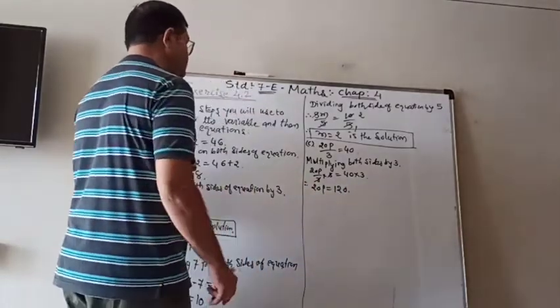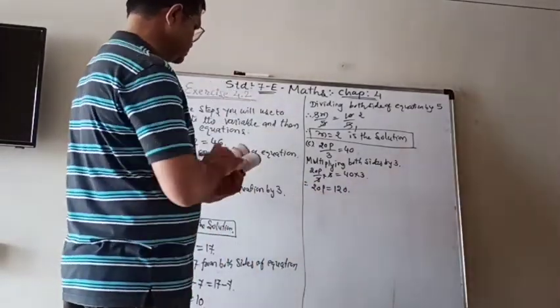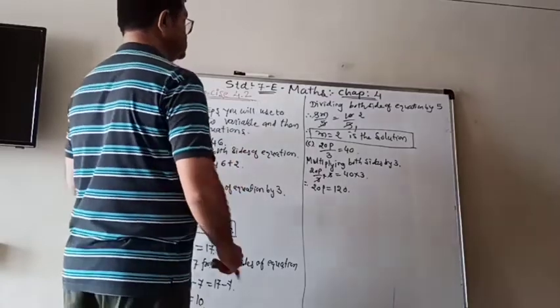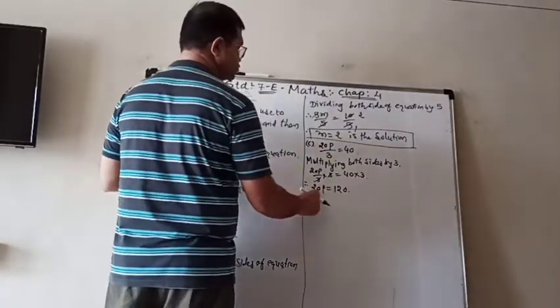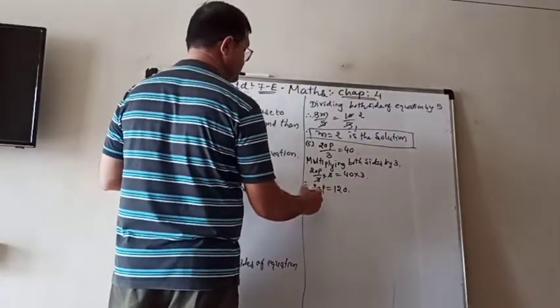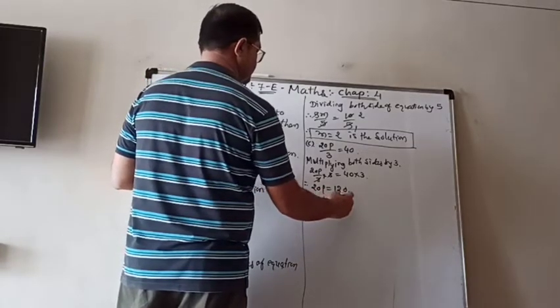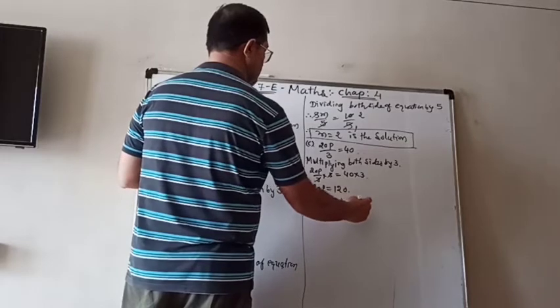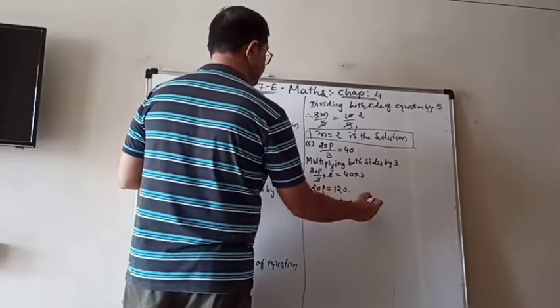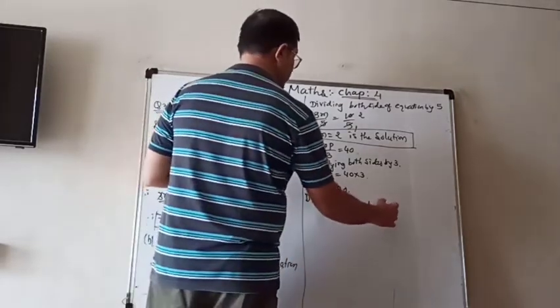Now we have to divide both sides by 20 to remove the 20. Dividing both sides by 20.